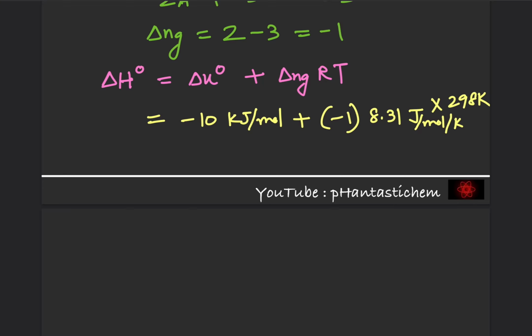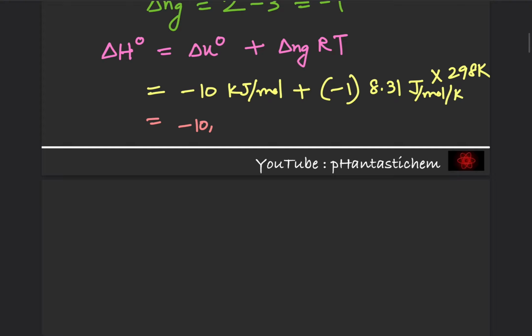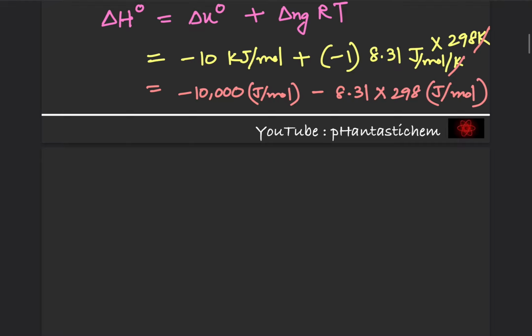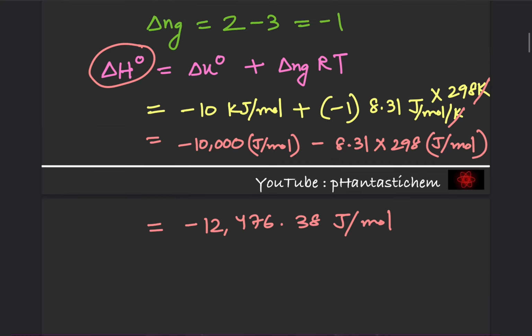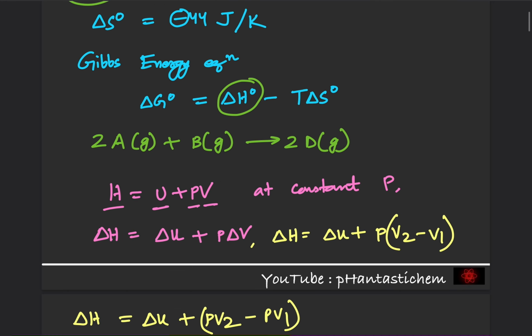Upon converting, it will become minus 10,000 joules per mole minus 8.31 into 298 joules per mole, because the Kelvin gets cancelled. When you do this calculation, you will get delta H as minus 12,476.38 joules per mole.